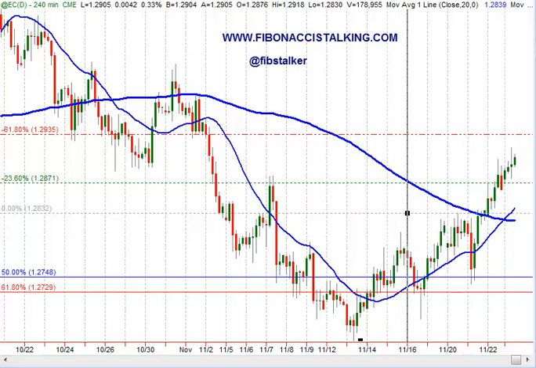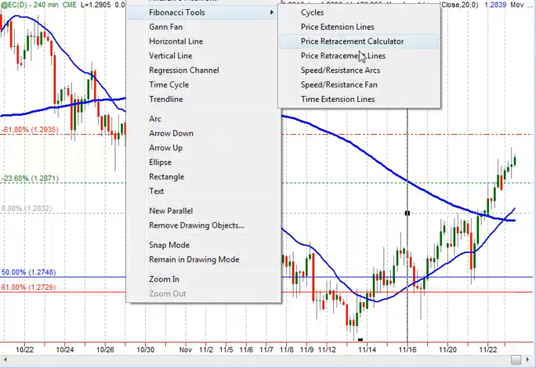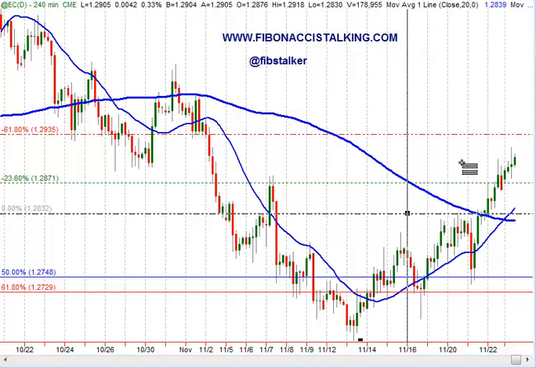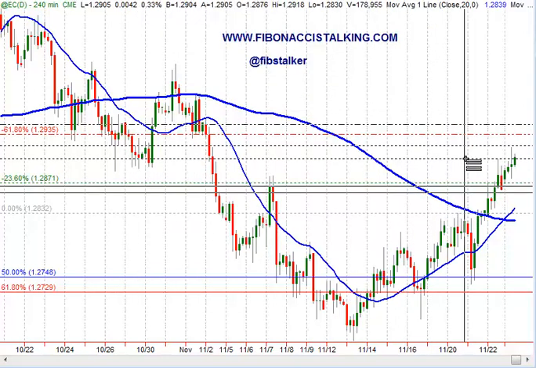On the 4 hour, we also traded an extension yesterday, and that's very clear on this chart. Price held the 128.70 area, and we hit today first resistance at 129.20. Now this second setup is actually pushing price into the 129.40 area, so we could still see a continuation.